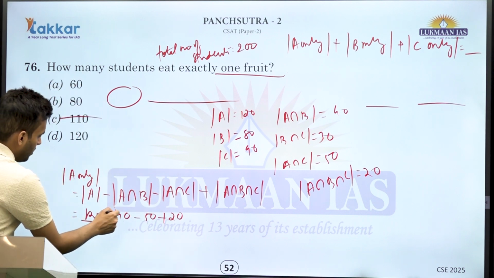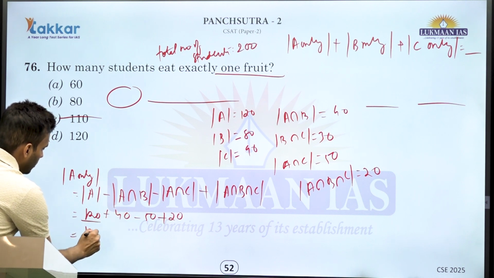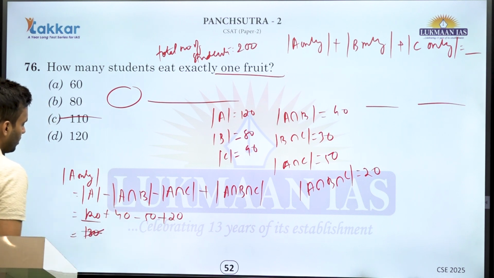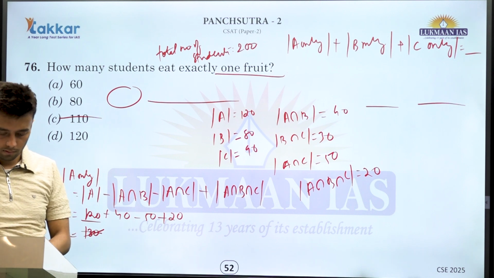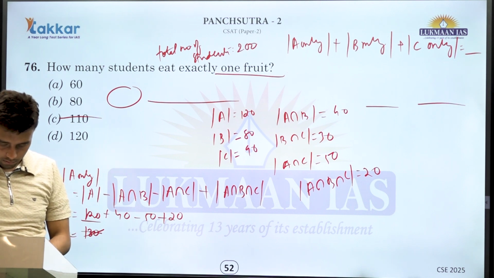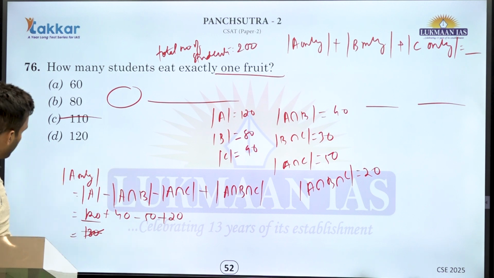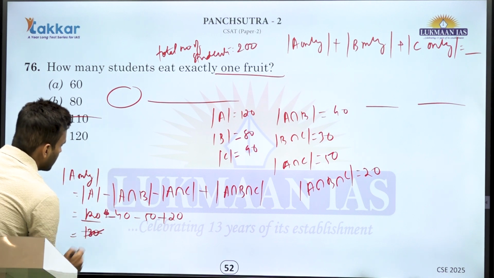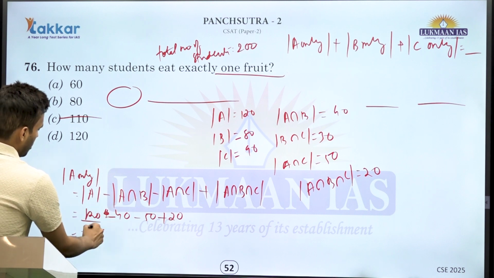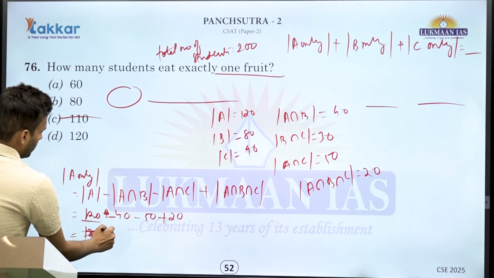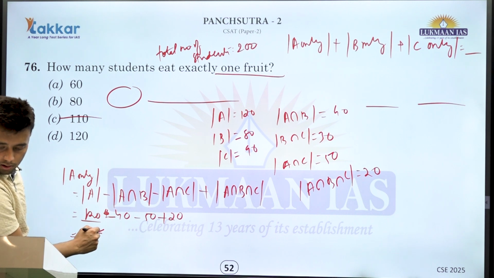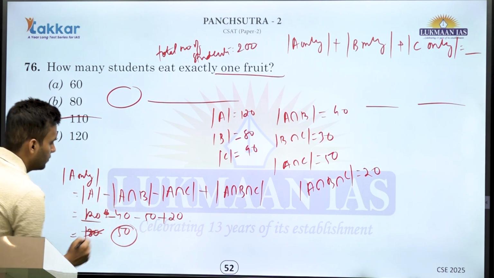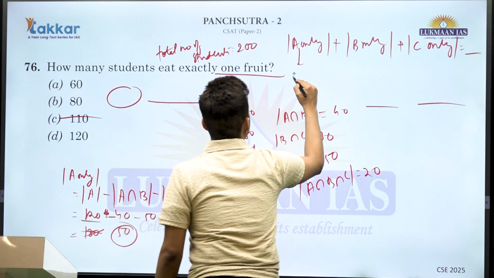I think there is some mistake here. Oh sorry, this is minus; that is the mistake. 120 minus 90 is 30, plus 20, so 50. Yes, 50. Okay, so we got A only as 50.